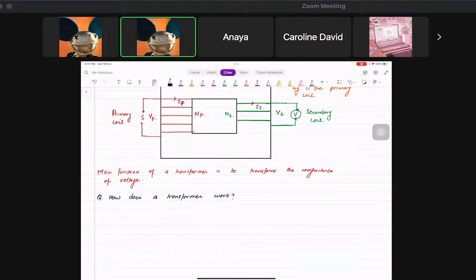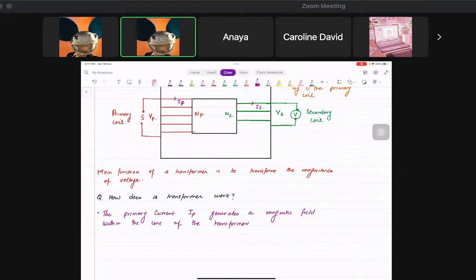So the first thing is, you're going to write: the primary current IP generates a magnetic field within the core of the transformer.